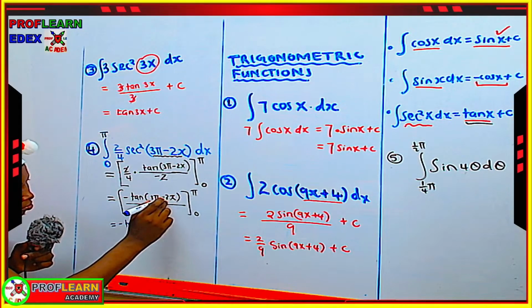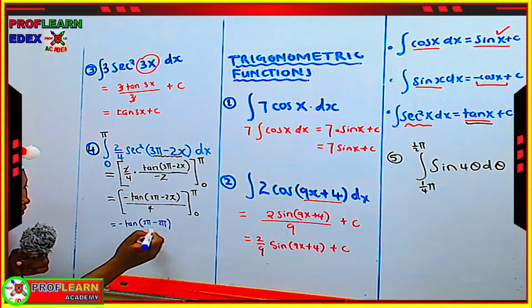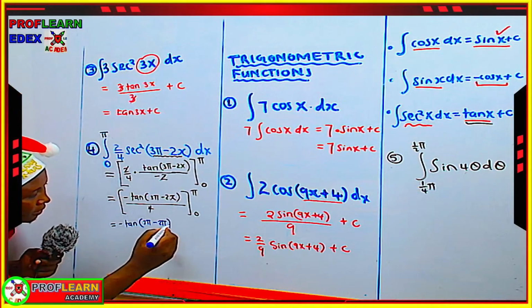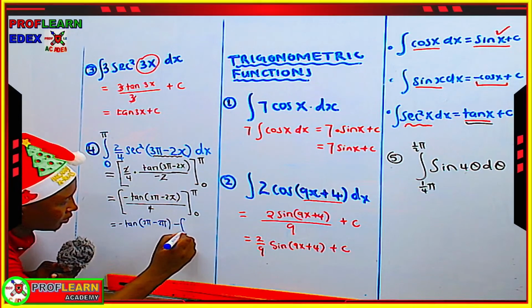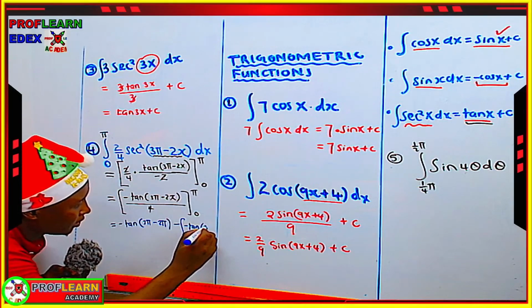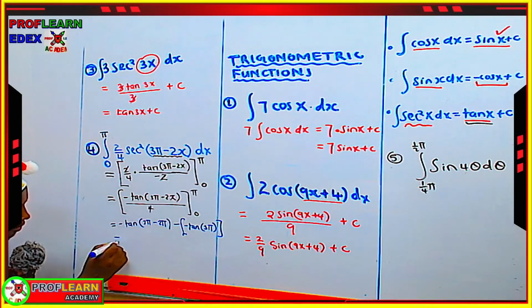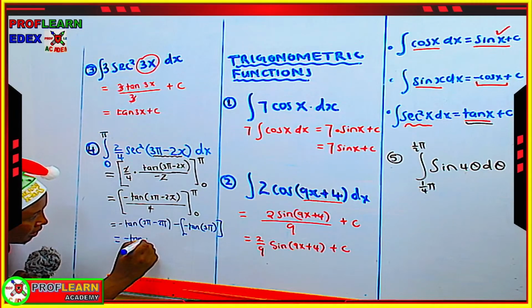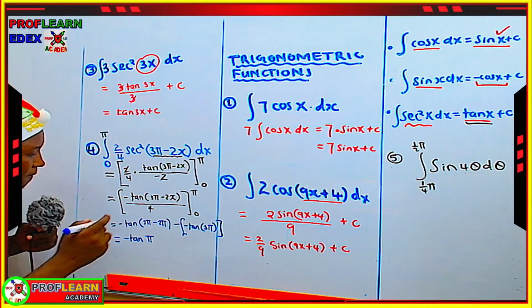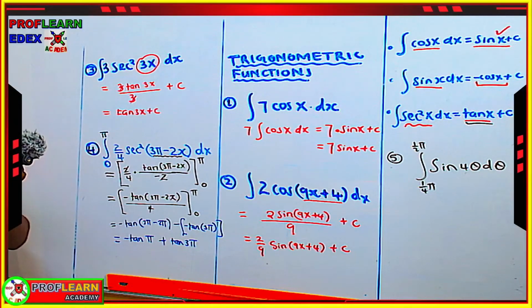Then for 0, 2 times 0 will be 0, so that reduces to 3 pi. So it will be minus tan pi plus tan 3 pi.